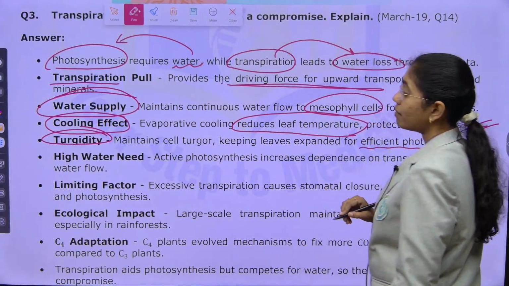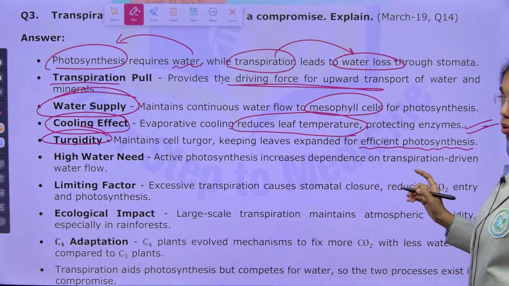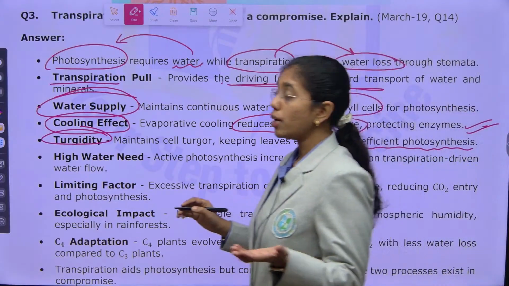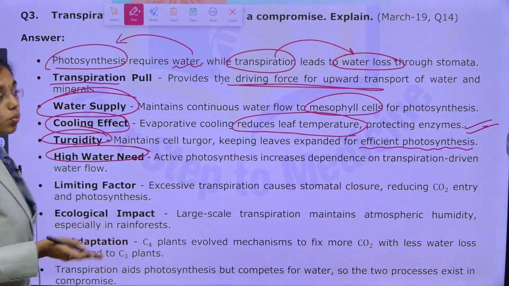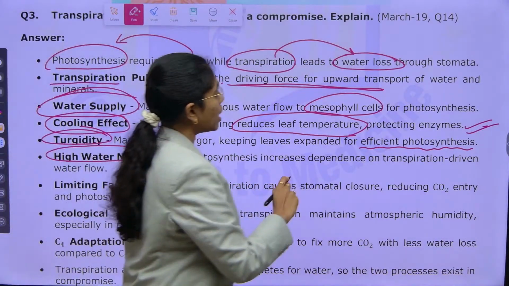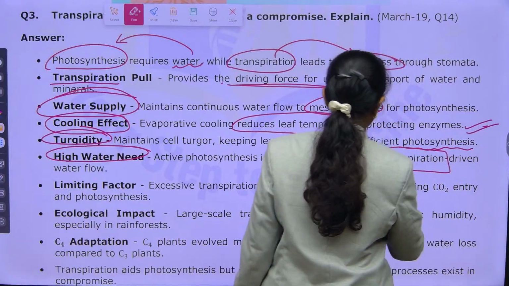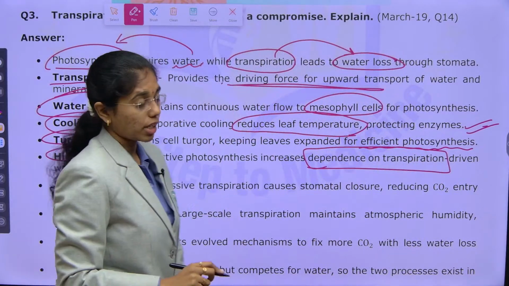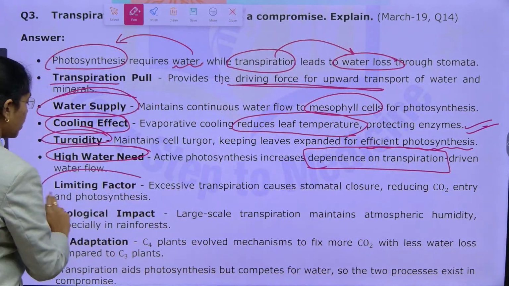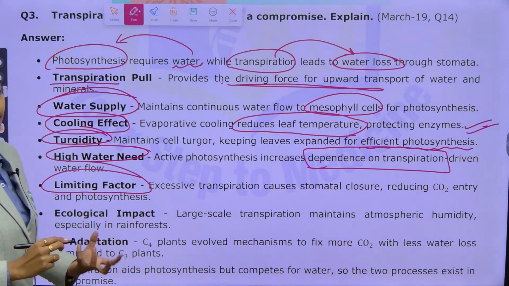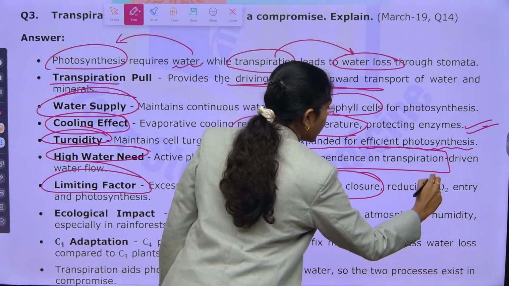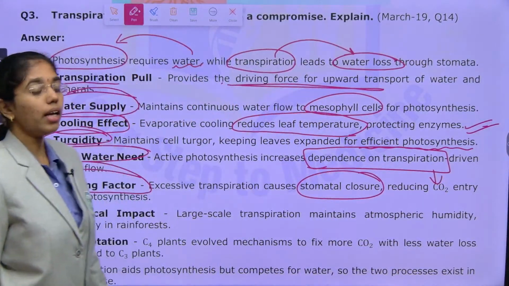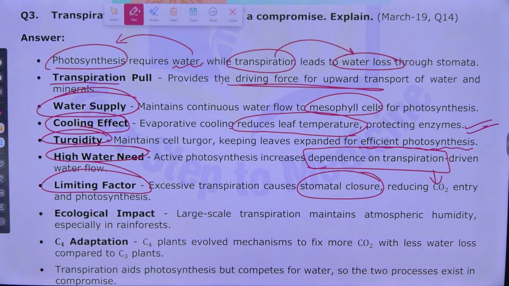Next, high water need, where active photosynthesis will increase the dependence on transpiration. Next is limiting factor. Excessive transpiration will cause what? Stomatal closure, thereby reducing carbon dioxide entry and carbon dioxide fixation.